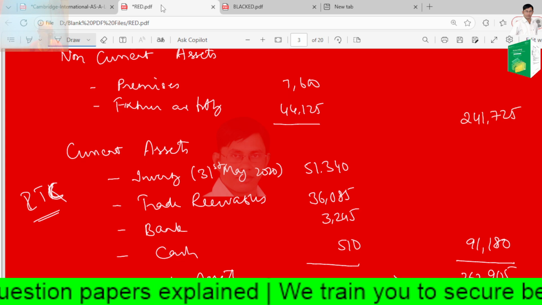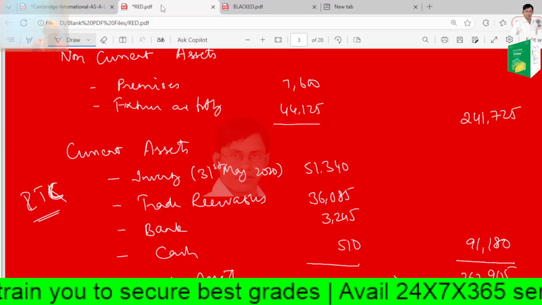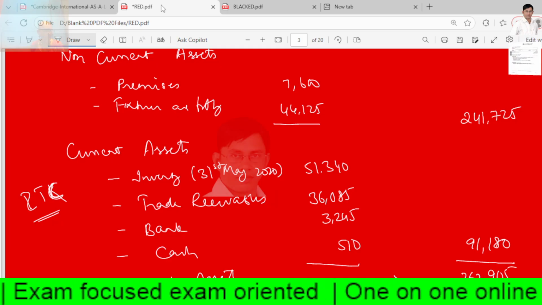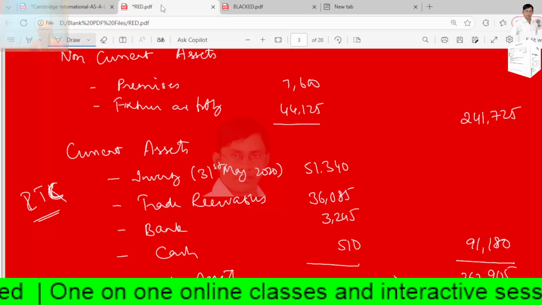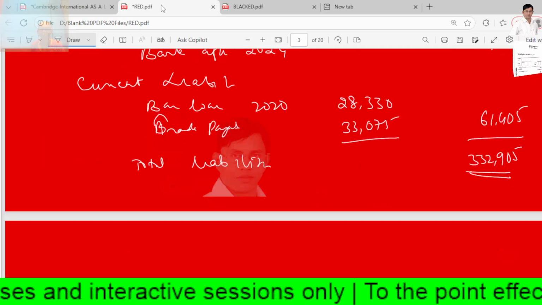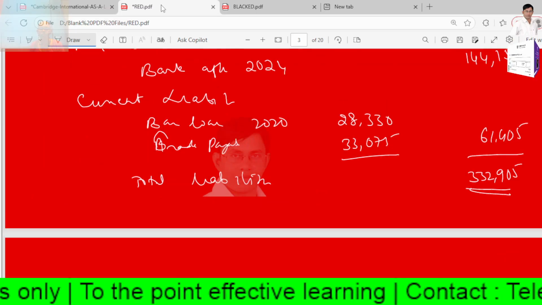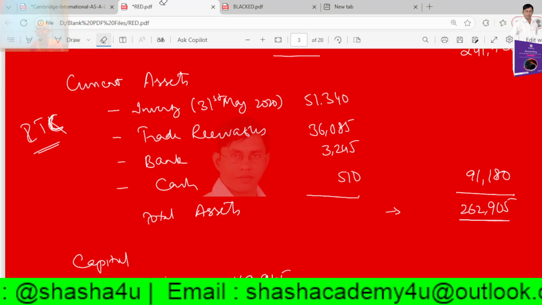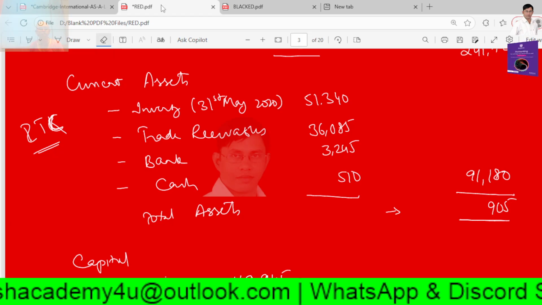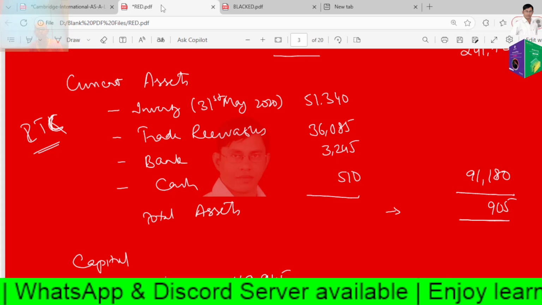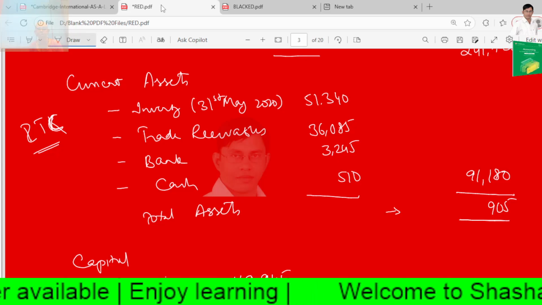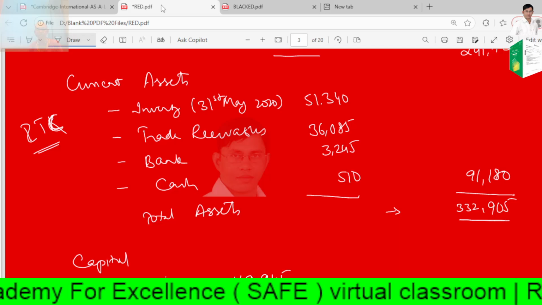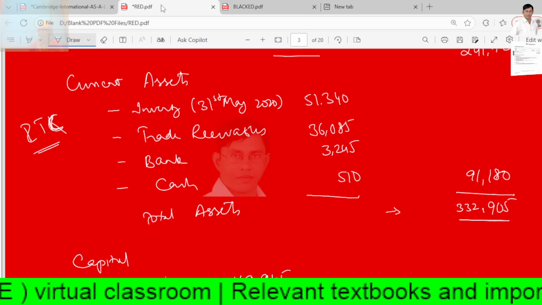So this side it will be correct, the same value. So we got the 70,000 difference. So it is 332905. So okay, so now it is matching.